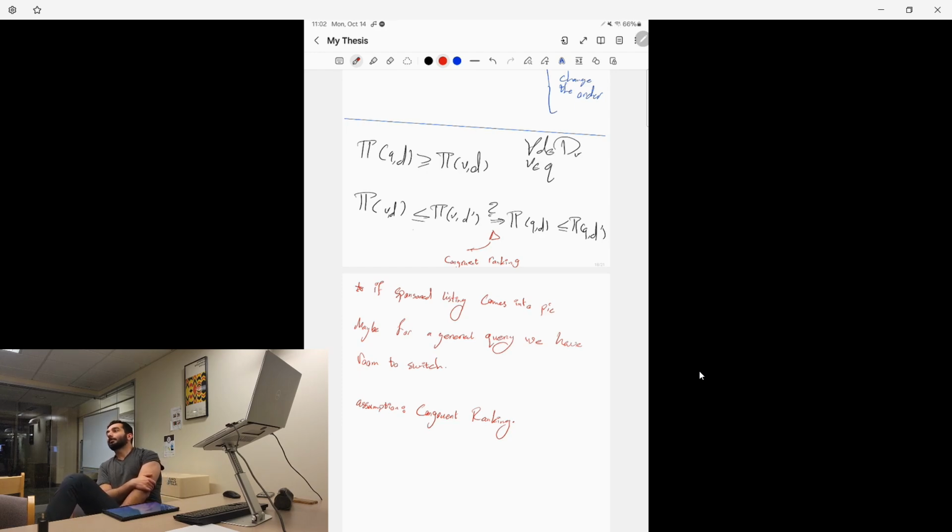For any ranking pi, we can come up with another ranking that comes with the same utility for the platform and is better for the user, which is more congruent.